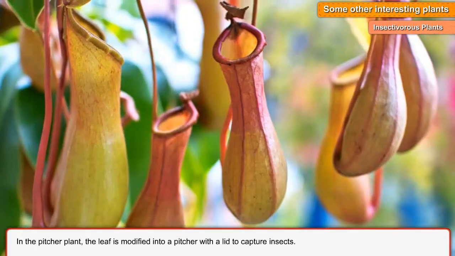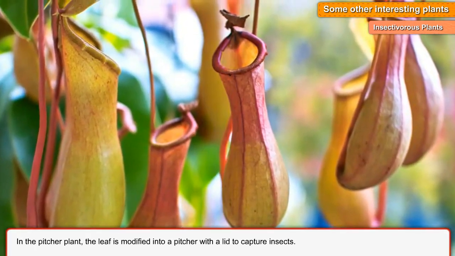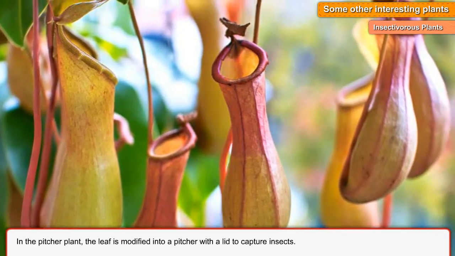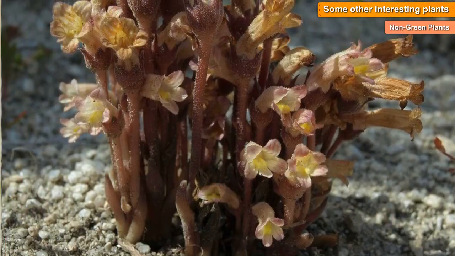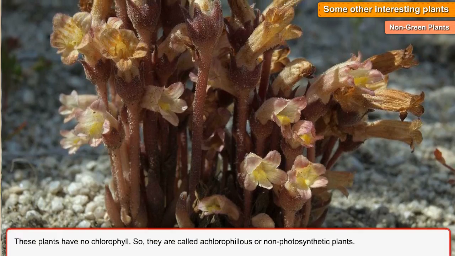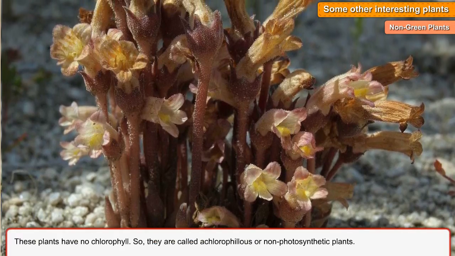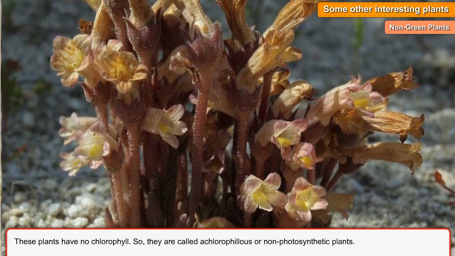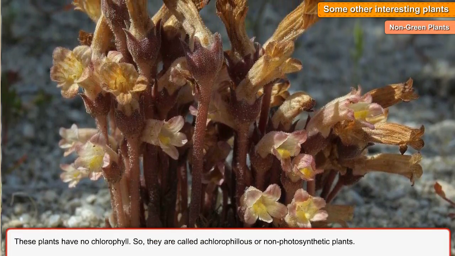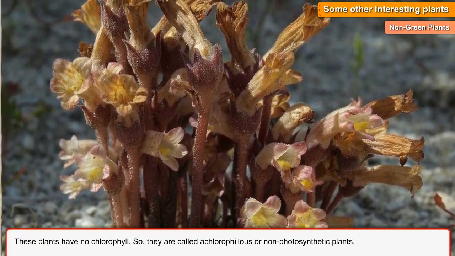In the pitcher plant, the leaf is modified into a pitcher with a lid to capture insects. Non-green plants. These plants have no chlorophyll, so they are called achlorophyllous or non-photosynthetic plants.